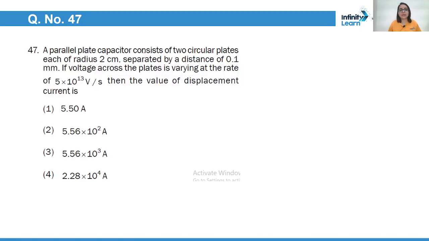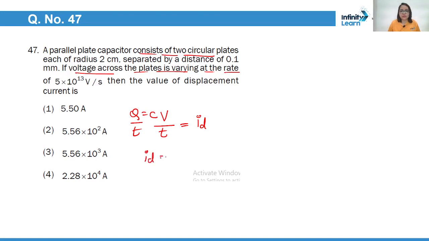Next is question number 47. A parallel plate capacitor consists of 2 circular plates, each of radius this, separated by distance of this. If the voltage across the plates is varying at the rate of this, then the value of displacement current will be. So Q is equal to CV and Q upon T over here, which is CV by T, and that is equal to ID.